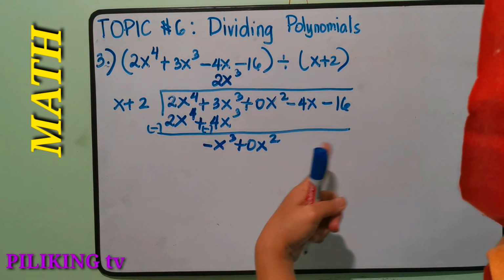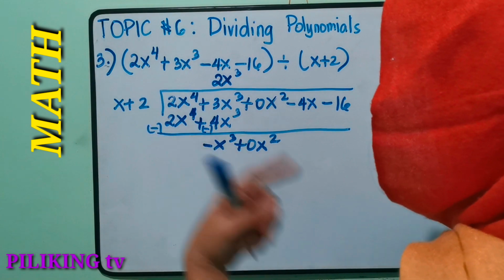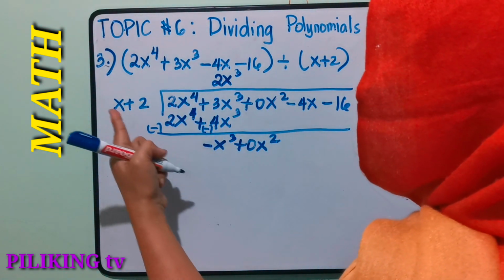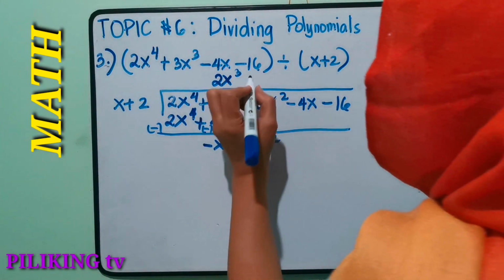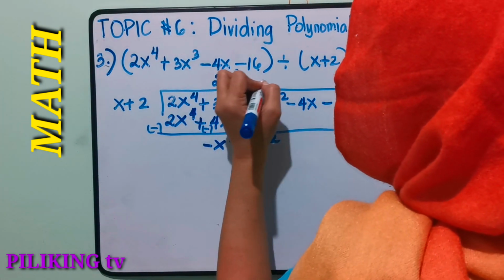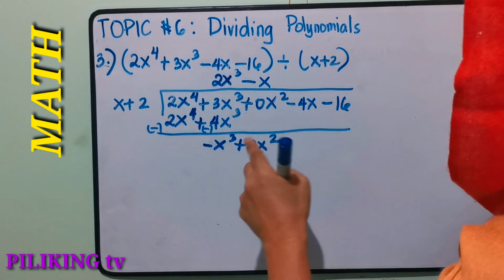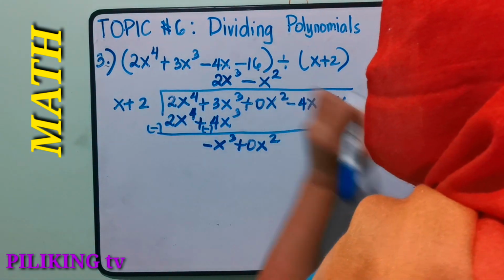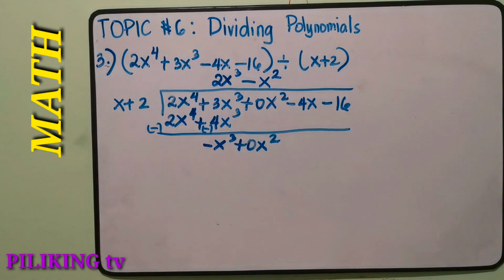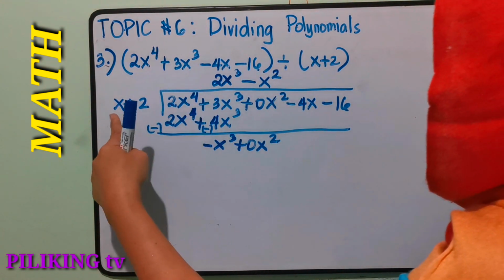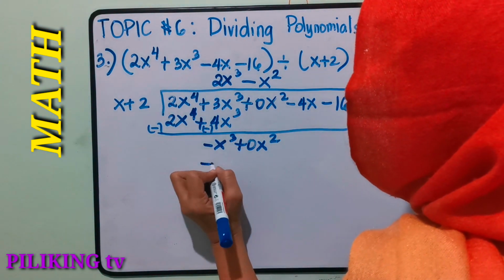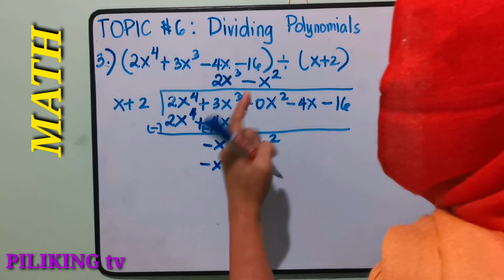Okay, so you divide again negative x cubed by x. So that would be negative, since you are dividing positive and negative signs. So it would be negative x. Then you subtract the exponent. 3 minus 1, that is 2. Then you multiply negative x squared to x. So that is negative x cubed.